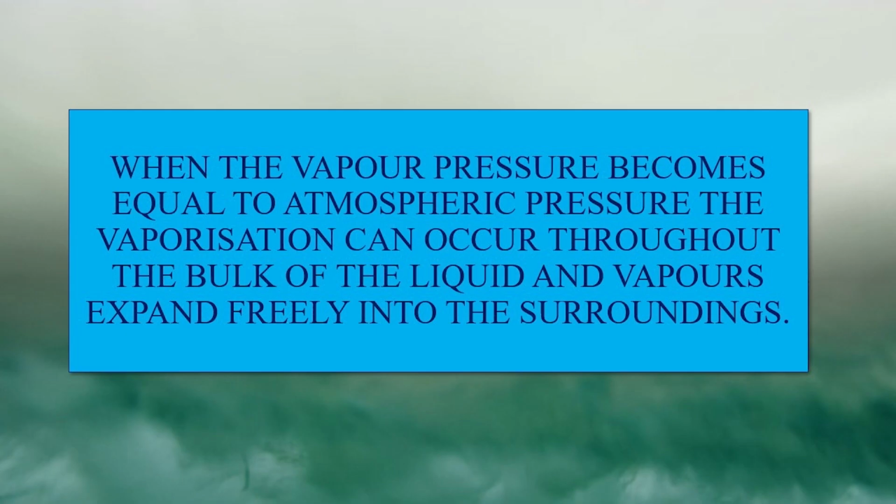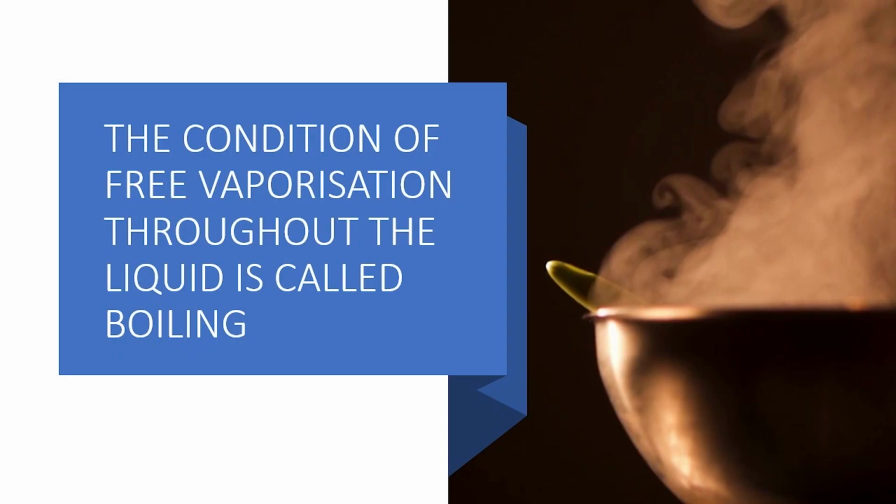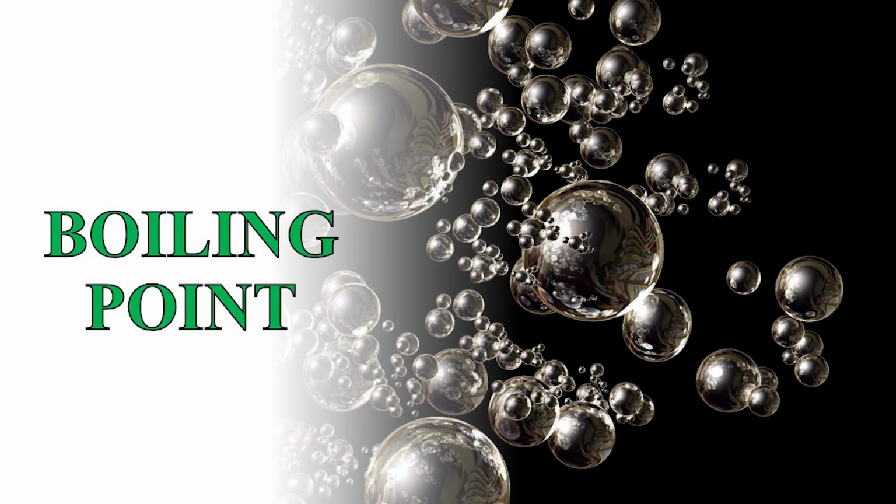When the vapor pressure becomes equal to the atmospheric pressure, vaporization can occur throughout the bulk of the liquid and the vapors expand freely into the surroundings. The condition of free vaporization throughout the liquid is called boiling. So try to define the boiling point of a liquid.